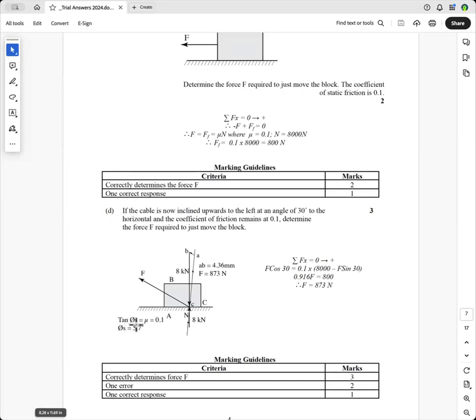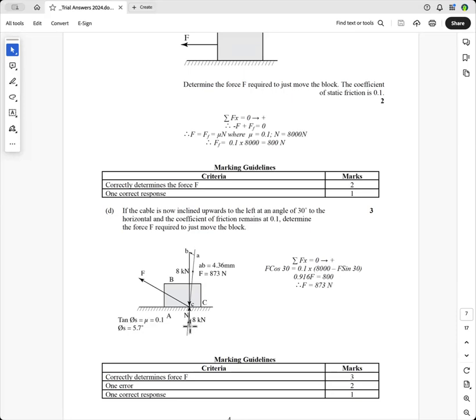So you say tan phi s equals mu, which is 0.1, so therefore phi s is equal to 5.7. So phi s is the angle between the normal and the resultant of the normal and the force of friction. So that angle in there is 5.7 degrees.